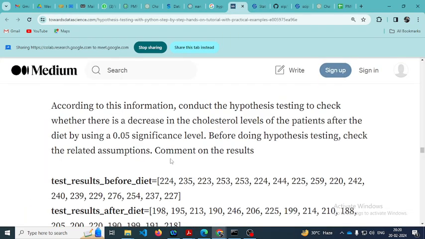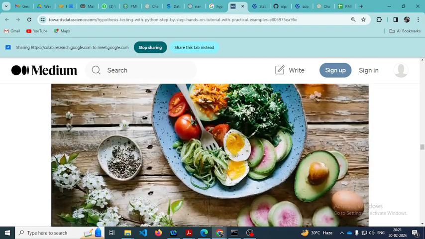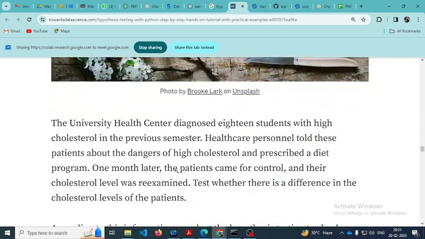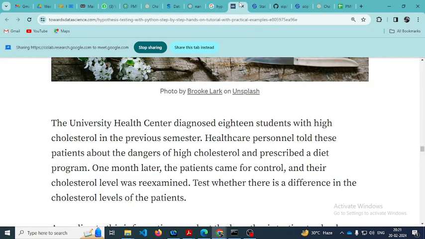So in this example, the next problem statement: there is a university healthcare center that diagnosed 18 students with high cholesterol in the previous semester. Healthcare personnel told these patients about the danger of high cholesterol and prescribed a diet program.